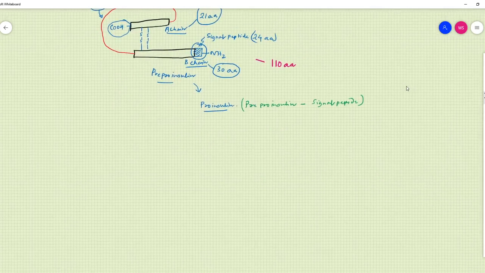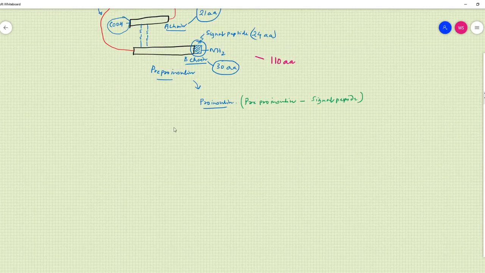So what they do is, this biotech company tries to find out this sequence of proinsulin. So it's a chain of 110 amino acids.